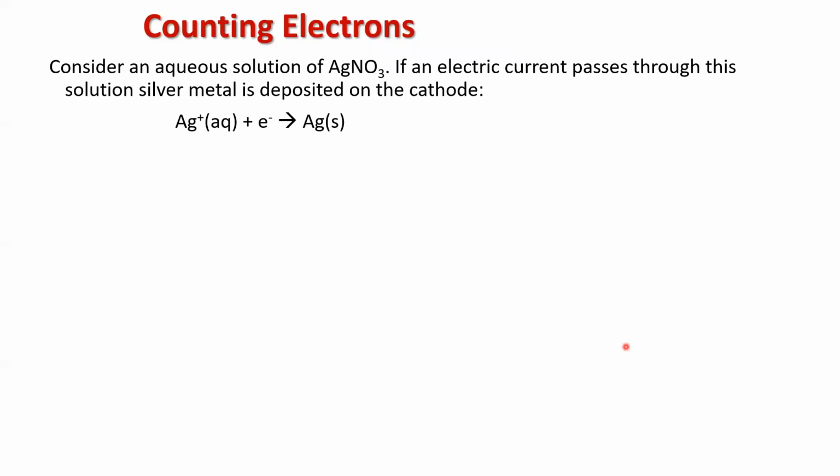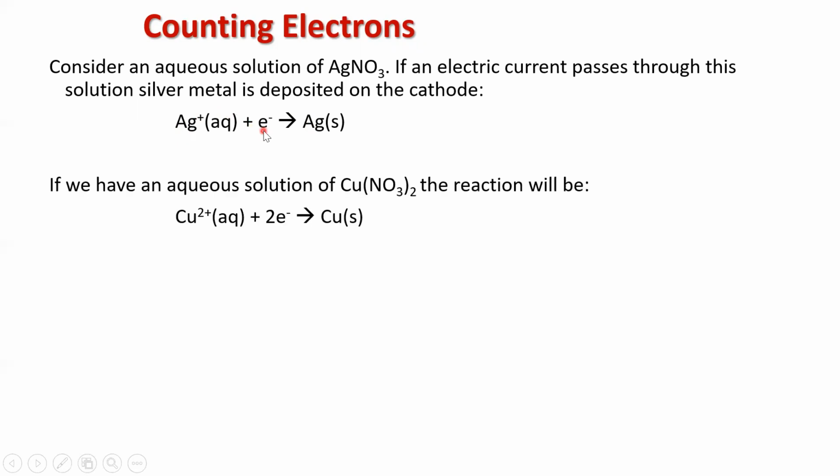So math-wise, if we were to look at silver ions becoming silver atoms, it's a 1-to-1 ratio with respect to the silver ions and the electrons. If we were to look at something like copper ions to electrons, the ratio is a 1-to-2 ratio.